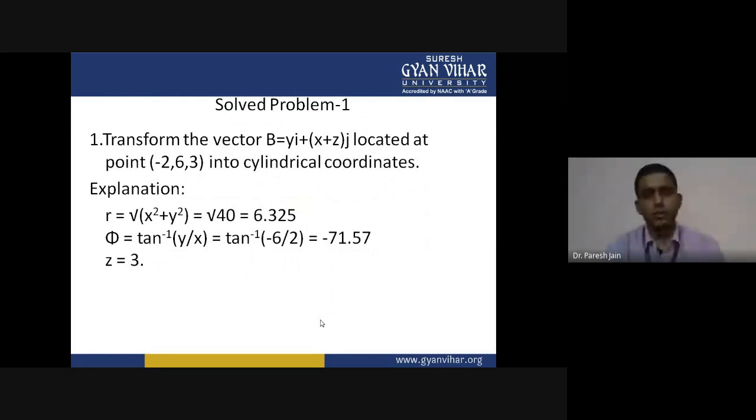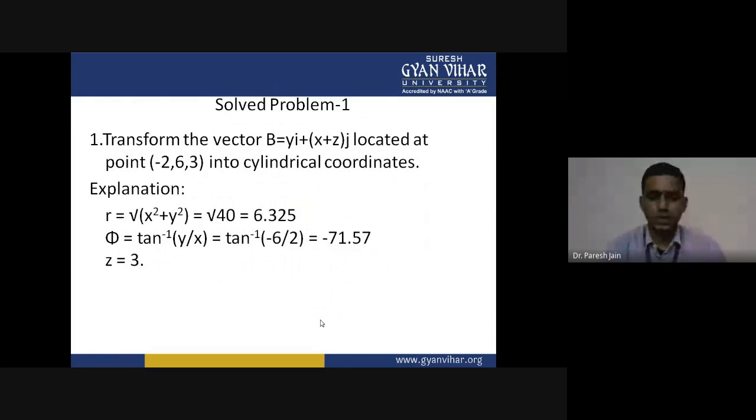So the problem is: transform the vector B equal to y i plus x plus z j, located at the point, into the cylindrical coordinate system. The point is given in the Cartesian coordinate system. So x, y, z is given as minus 2, 6, 3.